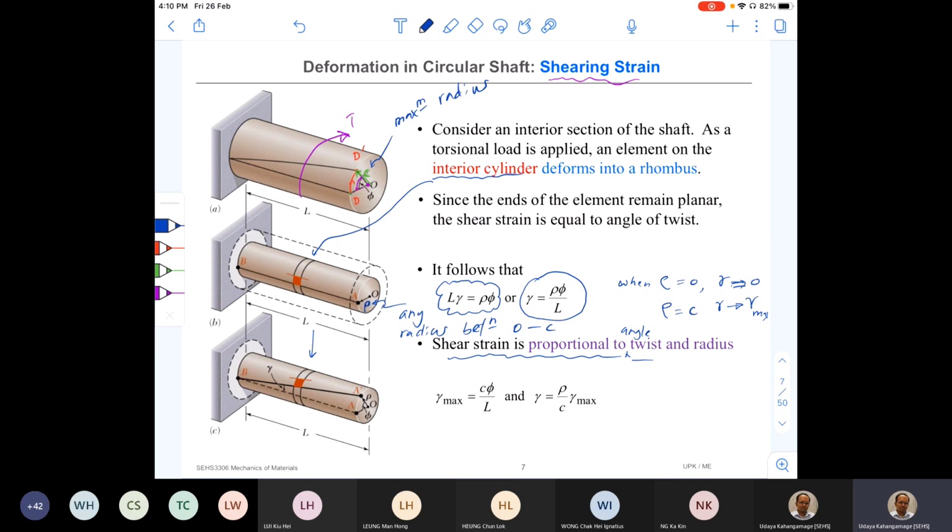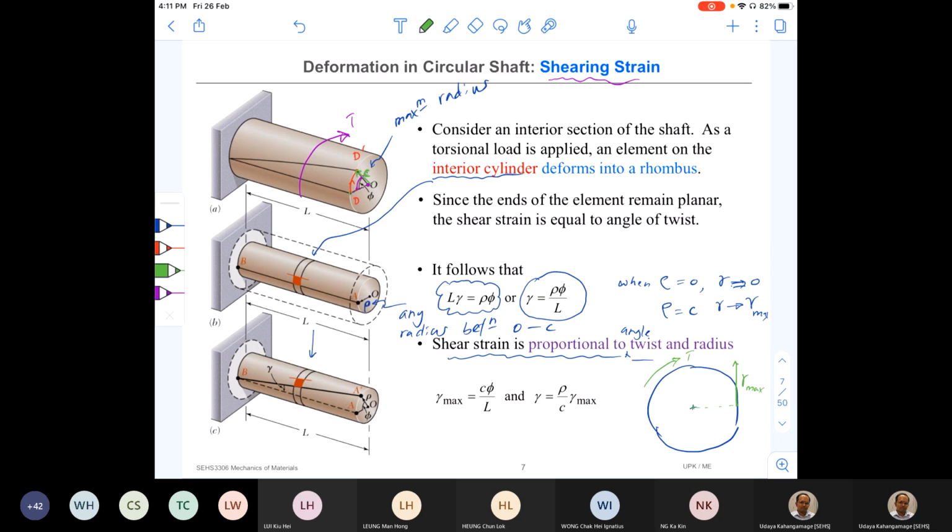So now if I take one cross section, once we apply a torque T, it deforms the cross section or shifts the position of the cross section, and then the maximum strain happens in the outer surface when radius rho is equal to c, and if I mark that shear strain as gamma max, okay, and when this rho becomes 0, that is at the center, shear strain is 0.